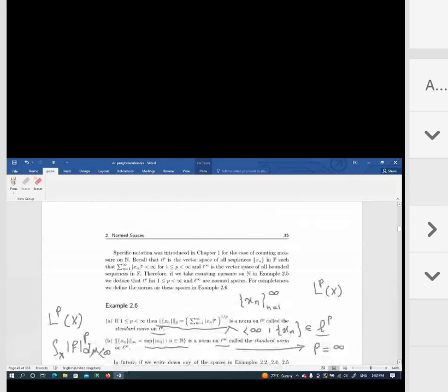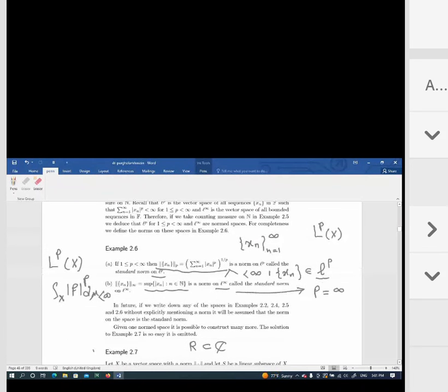Another example is a norm on small l^p. Capital L^p(X) consists of measurable functions on a measure space, but small l^p consists of all sequences x_n.